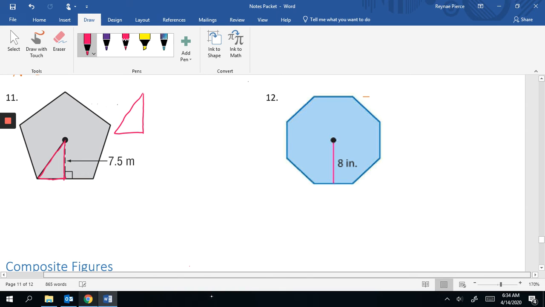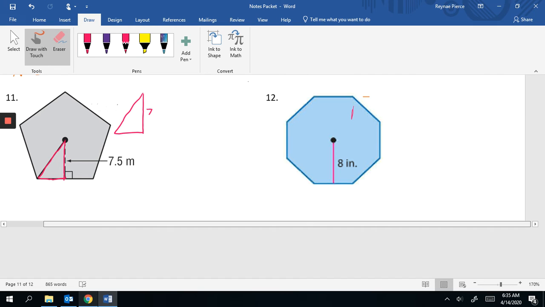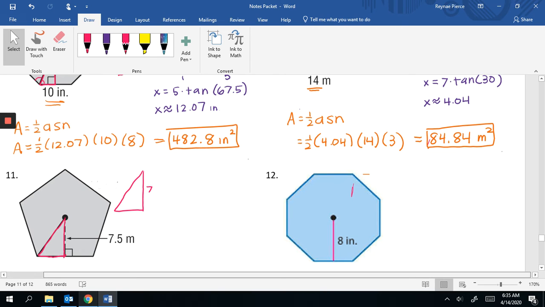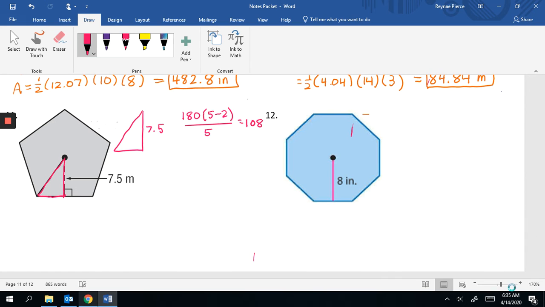We're going to start the same way, by finding the measure of one interior angle and cutting it in half. So 180 times 5 minus 2, divided by 5, tells me that one interior angle measures 108 degrees.